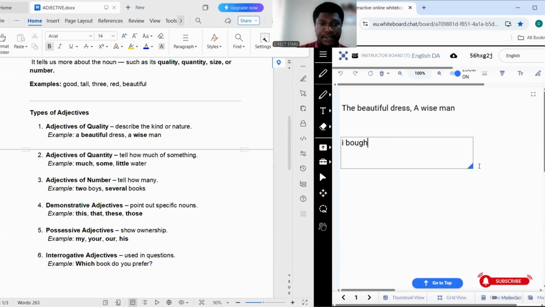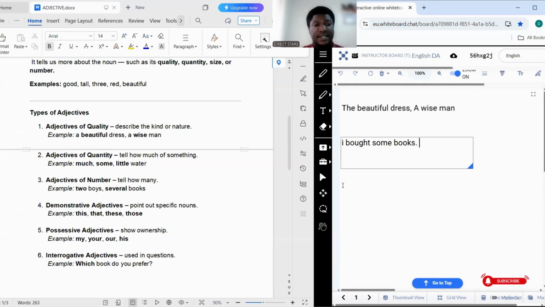I bought some books. Some gives us a vague amount of books, but it also shows that you bought more than one book. You probably bought more than two books. From three, four, we can't decide, but some shows us that the noun in the sentence is more than one, which makes some an adjective of quantity.